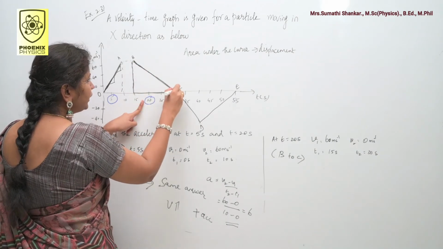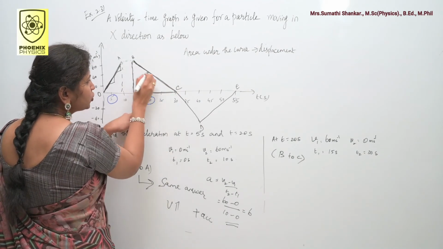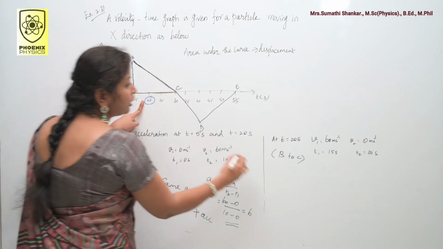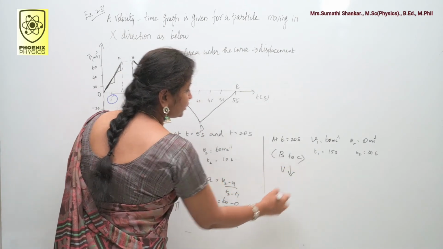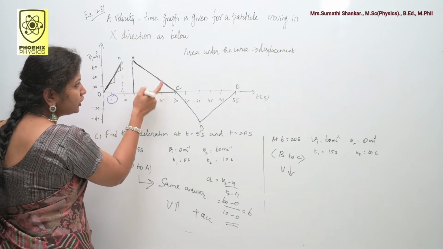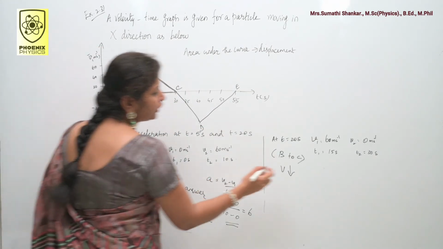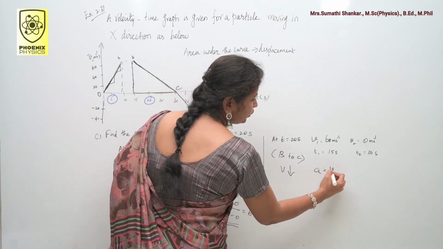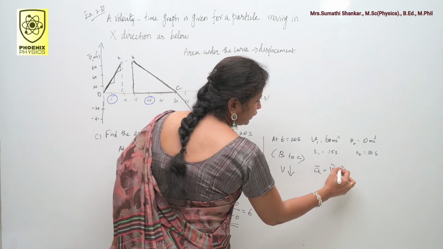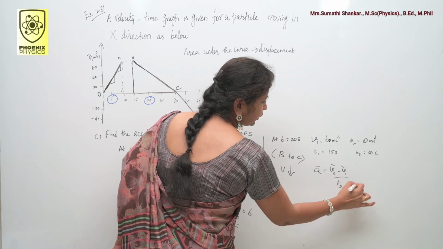So consider the line B and C. Here also this is a straight line, but velocity is decreasing. Velocity is decreasing in the positive x direction. Okay. So how do you calculate A? A is equal to V2 minus V1 divided by T2 minus T1.